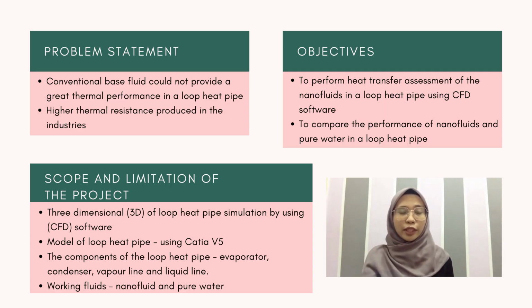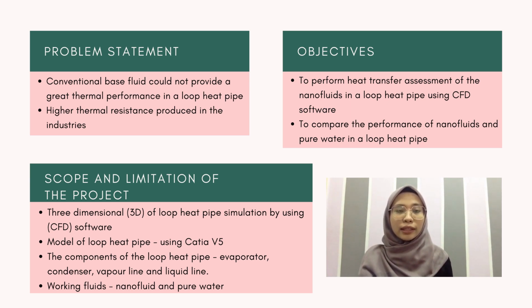So let's move to the important part, which is the problem statement, objective, and scope and limitation of the project. For the problem statement, as we know, nowadays the loop heat pipe with conventional base fluid cannot provide a great thermal performance due to the higher thermal resistance produced in the industry. To overcome the problem, the type and mass concentration of nanofluids are used to ensure better thermal performance and higher efficiency of the loop heat pipe.